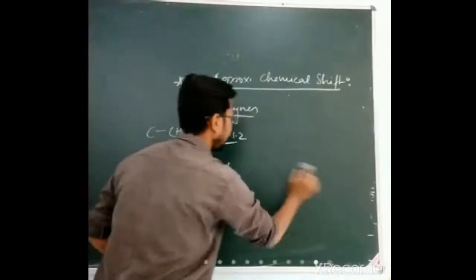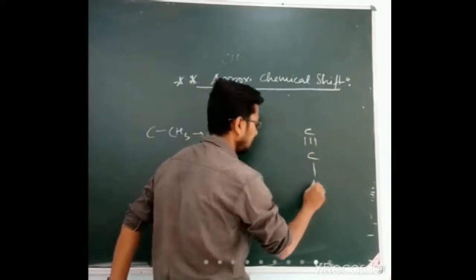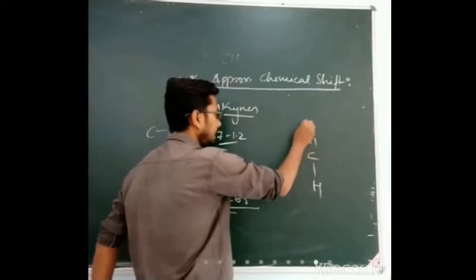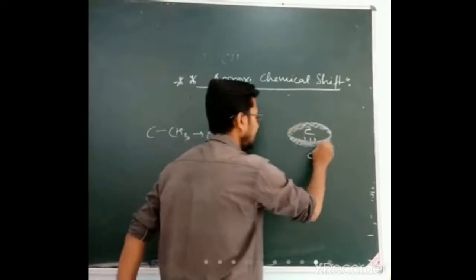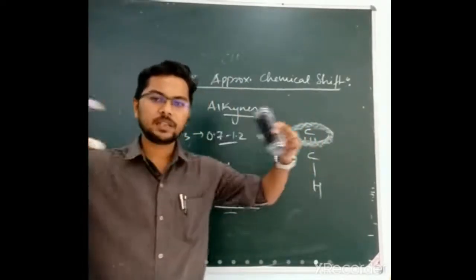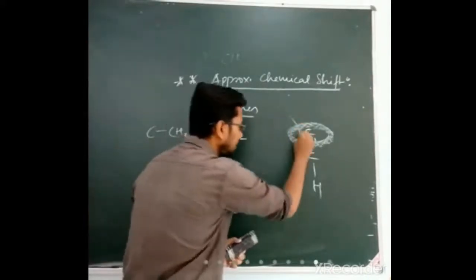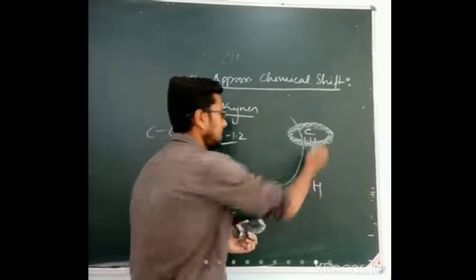But what happens is, these alkynes are actually like this, and this electronic cloud here generates the ring current around this triple bond. If you can see, it is a linear molecule, and because of this linearity, the magnetic field lines are now like this.